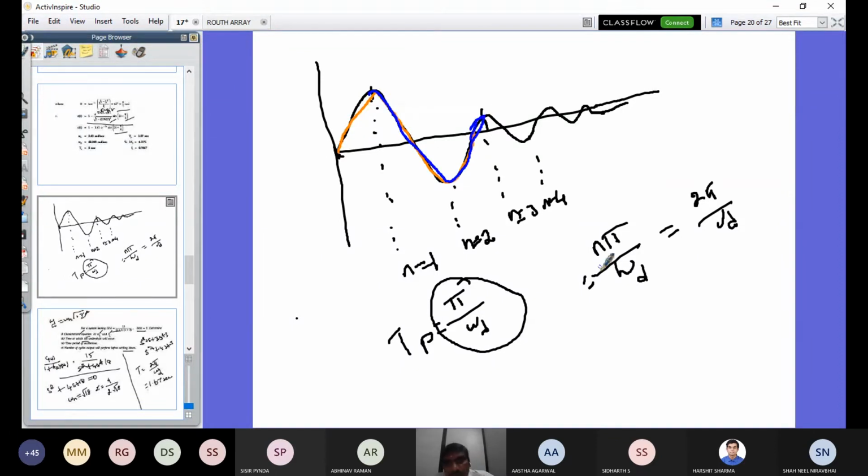From here to here, how many peaks does it cross? If it starts here, how many peaks will it cross then? So one peak. No, peak means undershoot as well as overshoot.